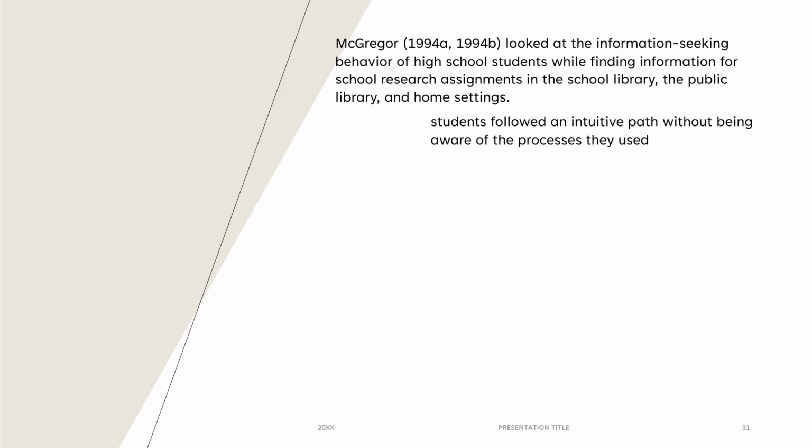In addition, her findings indicated that students followed an intuitive path without being aware of the processes they used, that their purposes for thinking could be either external or internal to the information, and that Bloom's 1956 taxonomy accurately described their thinking processes throughout the different stages of research. She also found that the nature of the research question affected the complexity of students' thinking during the information-seeking process.